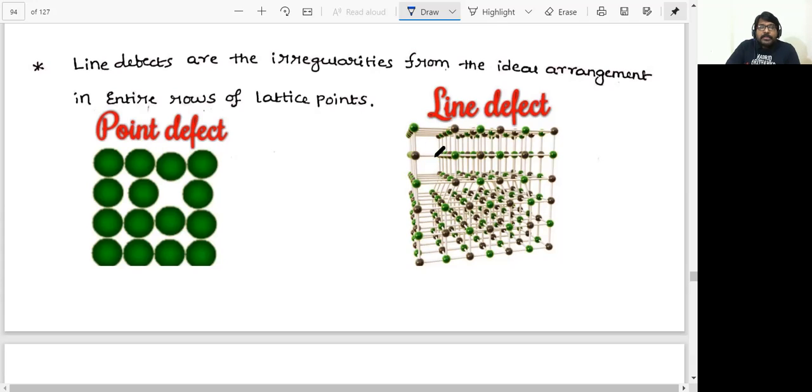It is not confined to one point. For example, we are expecting some particles here, but the particles are missing along this line, entire rows of lattice points. But for JEE, for all competitive examinations, we have only point defects, where the deviation is confined only to one particular point.